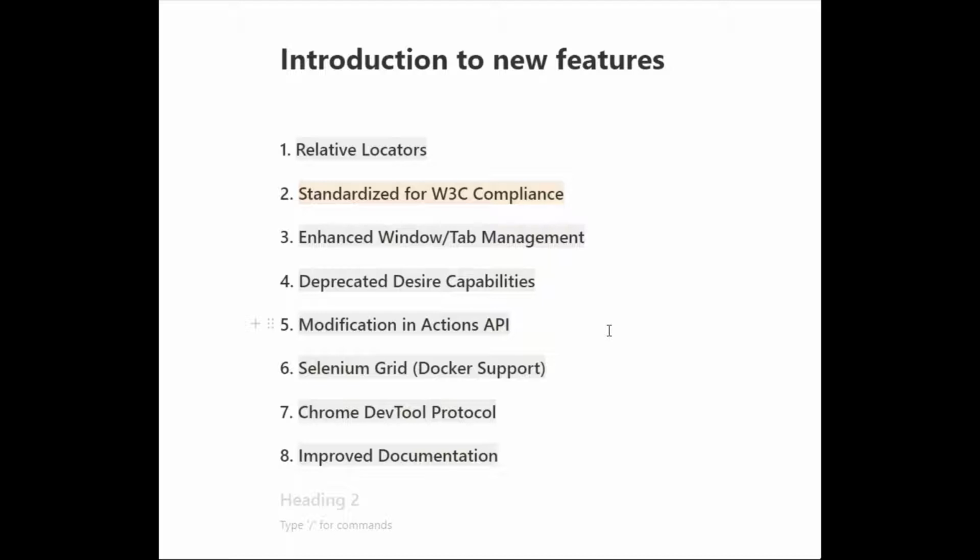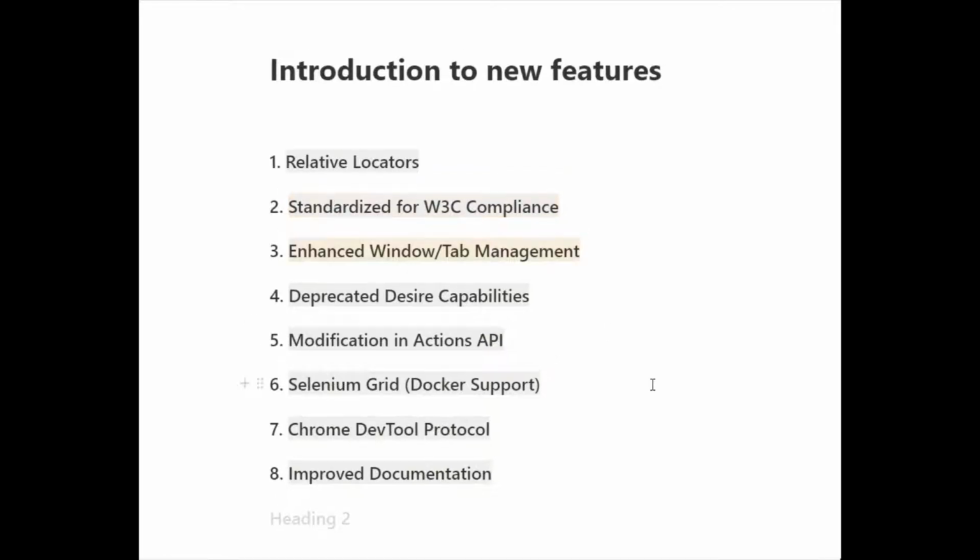But now, because Selenium 4 follows the W3C standard protocol, it will not require the JSON wire protocol. So we will not require encoding and decoding of the APIs. It will directly communicate with the browser. This architectural improvement has made Selenium 4 a more stable and efficient test automation tool.